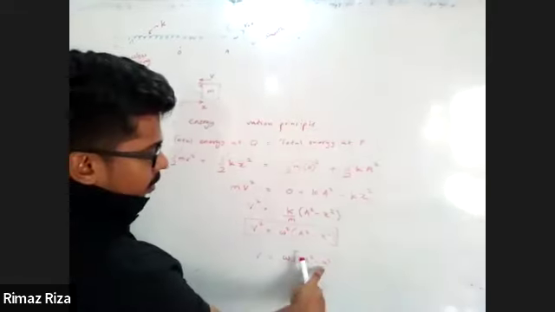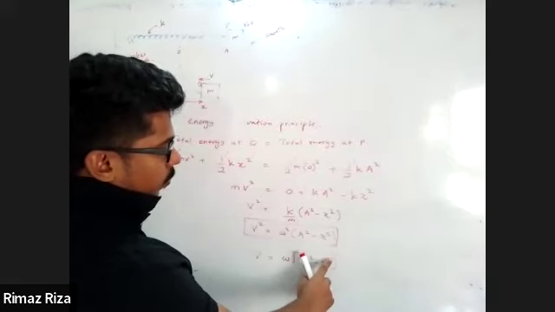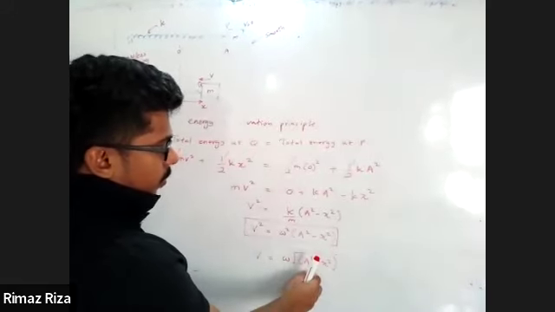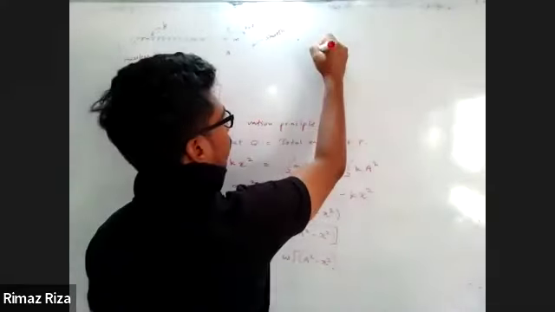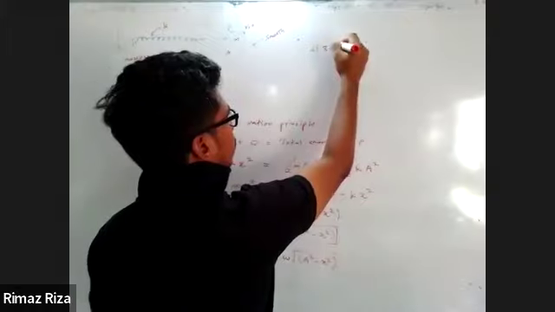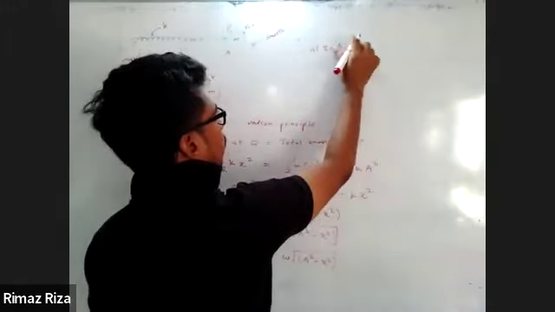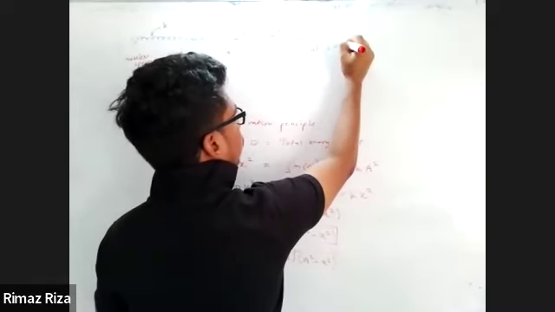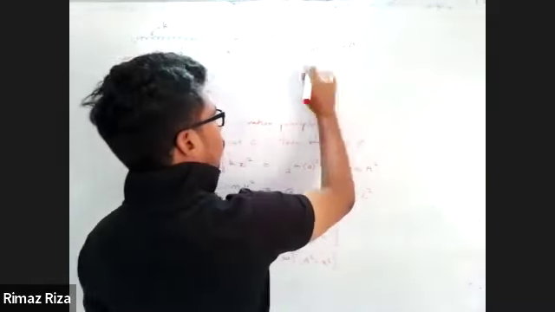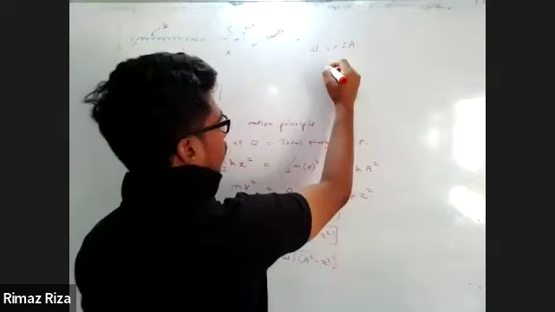Because if you put minus a, it's squared, you get a squared. So a squared minus a squared is 0. So we can write at x equals plus or minus a, you can put either plus a or minus a.